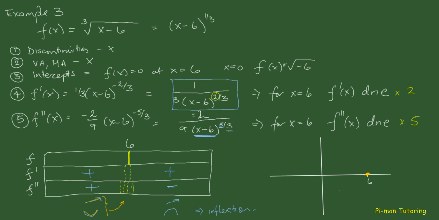So I'm going to be coming in this way, and then going out I have a positive slope, but I have a negative curvature. A positive slope, negative curvature means this way. Those two together. So I'm coming out going this way.